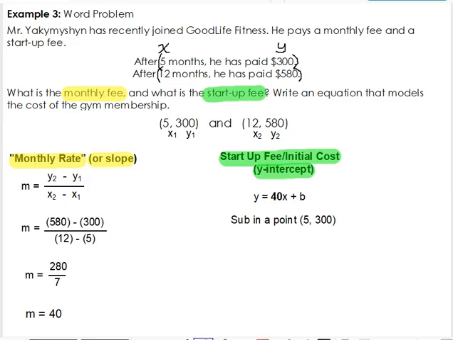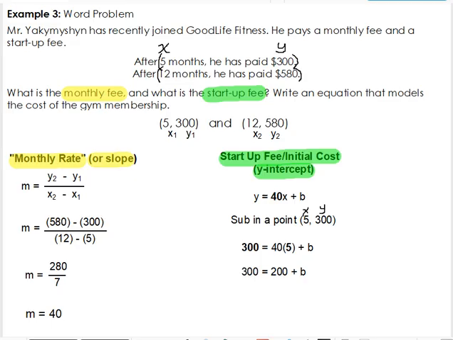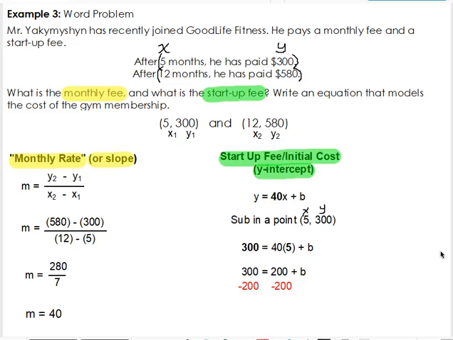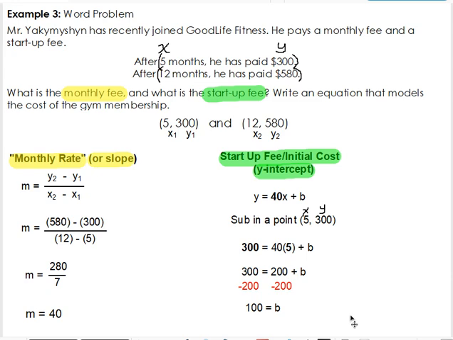So we replace the independent variable x with 5 and the dependent variable y with 300. So we have 300 equals 40 times 5 plus b. Quickly do 40 times 5 in the calculator, and we get 200. In order to solve for b, we're going to subtract 200 from each side, and we get 100 equals b.